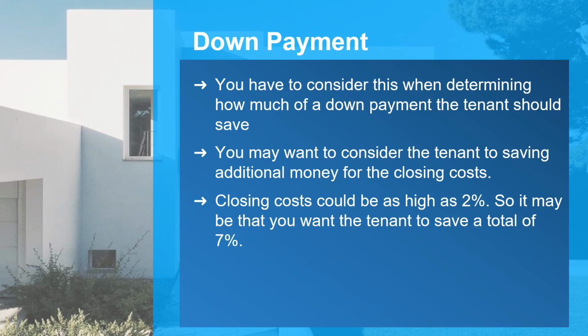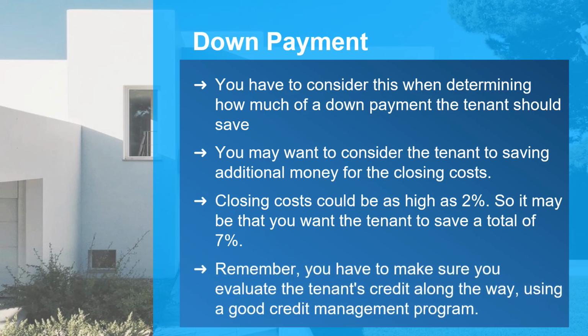Remember, you have to evaluate the tenant's credit along the way using the good credit management program that we have put in place, and make sure they are ready to purchase the property when they need to purchase the house.